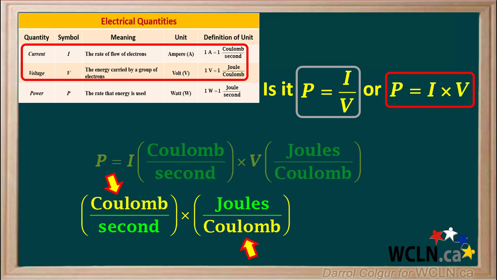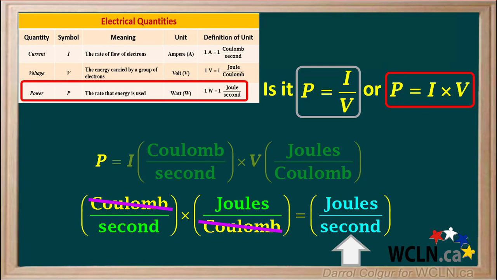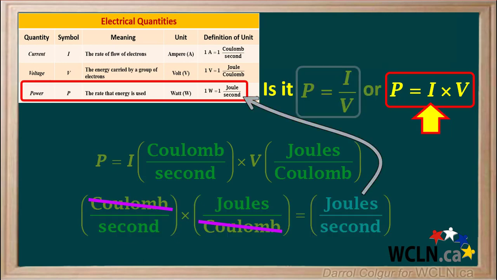Notice the unit coulomb is on the top and on the bottom, which means we can cancel it out. And we're left with the final unit, joules per second. And joules per second is the correct unit for power, which means the formula P equals I times V is the correct formula for power.